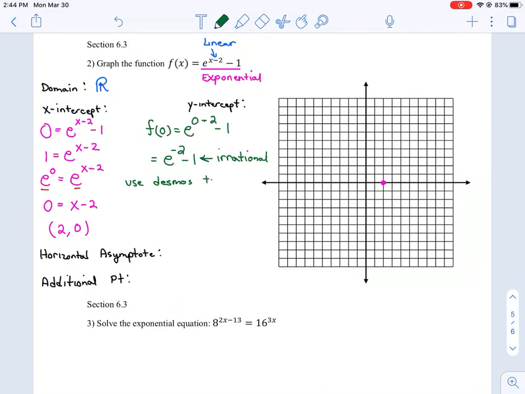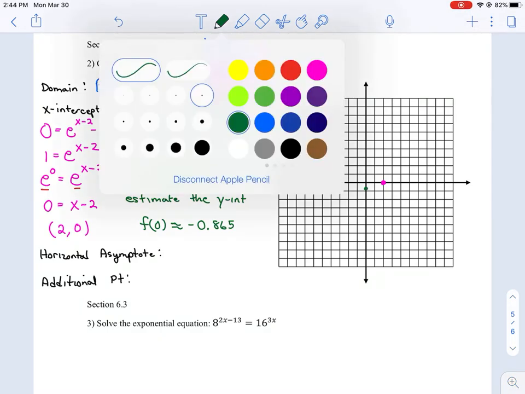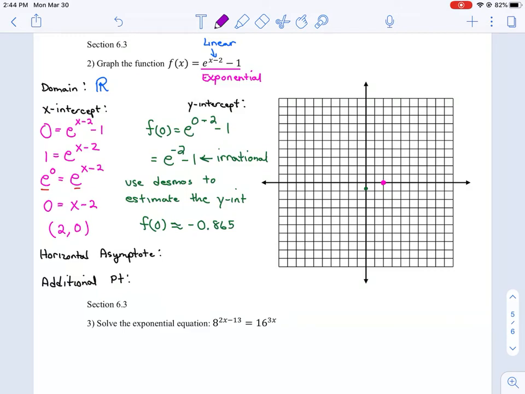So what you can do is you can use Desmos to estimate the y-intercept. And when you do, you'll see that the y-intercept is approximately negative 0.865. So I'm going to put a point really close to negative 1.